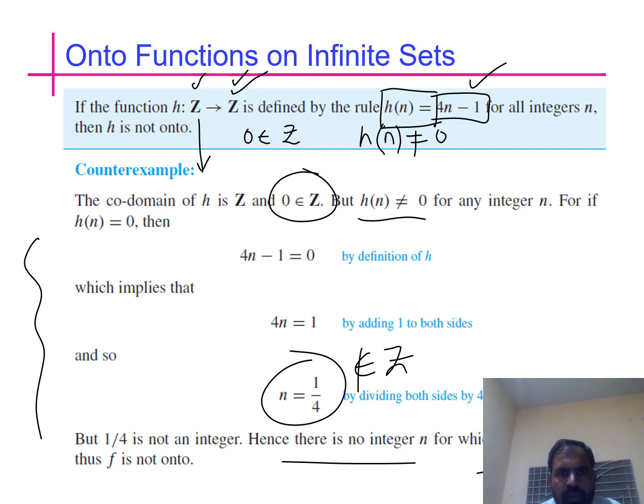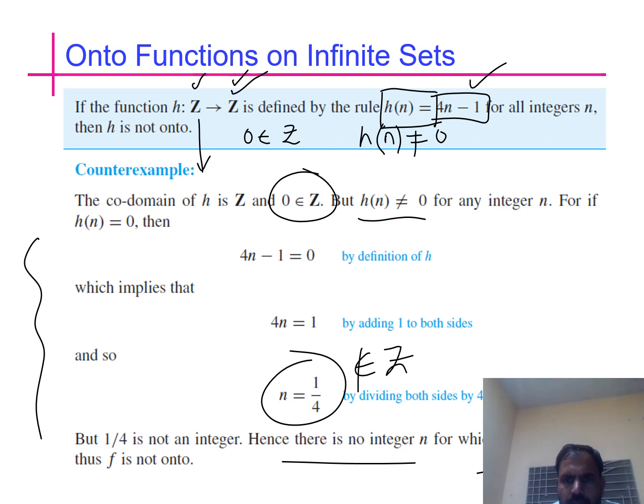If h of n is equal to 0, then 4n minus 1 equals 0 by the definition of h, which implies that 4n is equal to 1. So you can add 1 on both sides. So n is equal to 1 by 4, which doesn't belong to the set of integers. Hence there is no integer n for which h of n is 0.